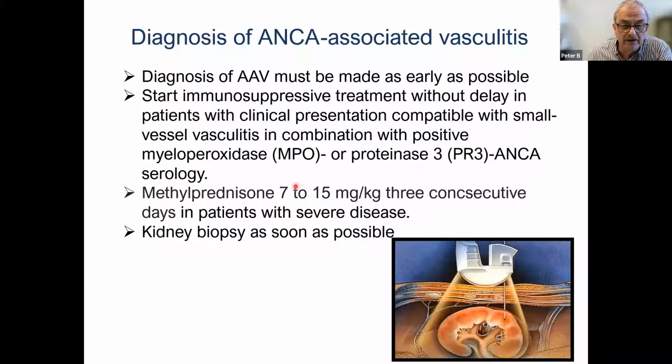I think we are in the lower range, with around 7 milligram per kilo. We don't give the high dose of 1 gram per day of methylprednisolone. And you should plan for the kidney biopsy, which is important for prognosis.